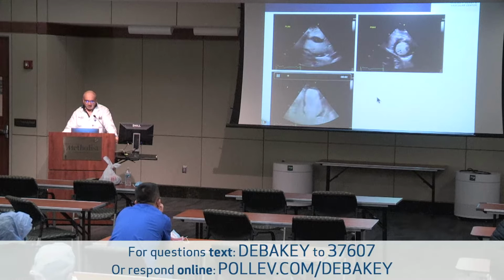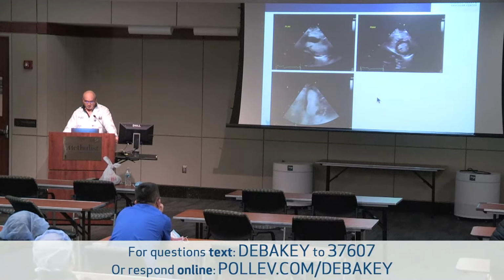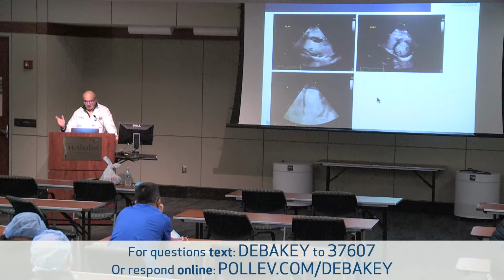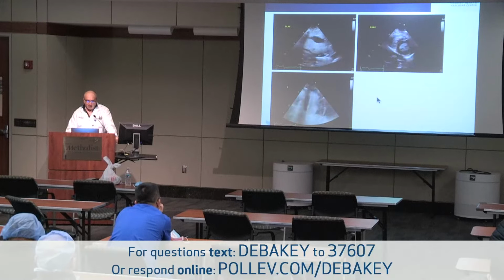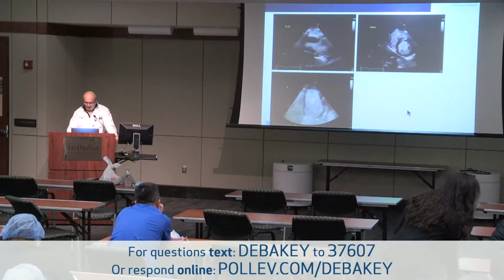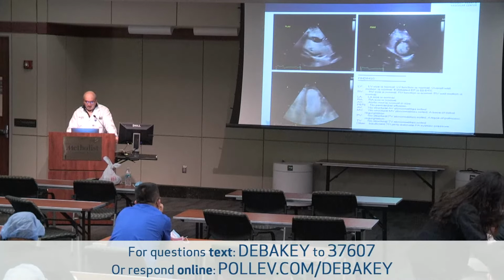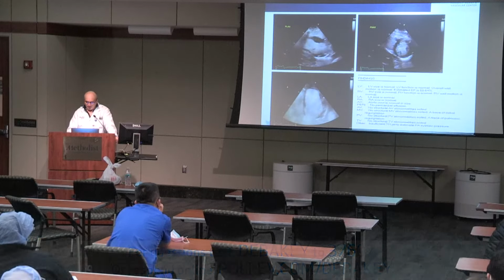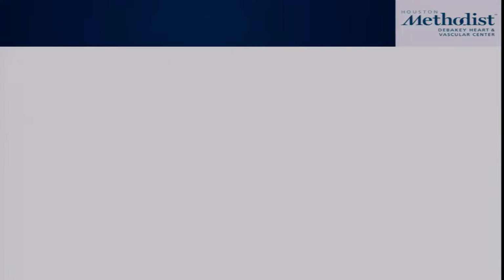Now, do you think the LV is dilated here? So maybe a little bit borderline, right? Okay. But overall ejection fraction is normal. You're concerned about a little bit of thickening of the basal septum. But on the basis of this, I think it's relatively nonspecific. There are no major glaring abnormalities that you see on the echocardiogram.